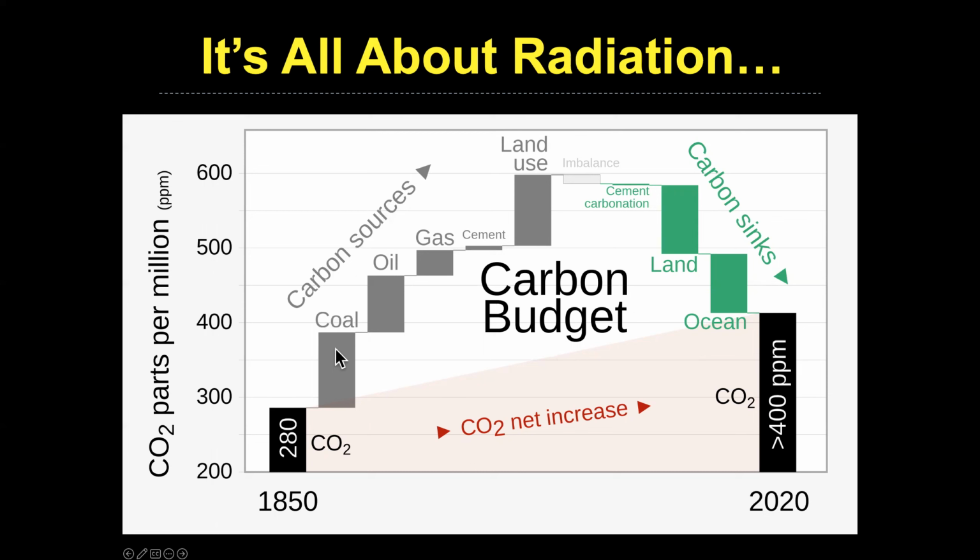The sources are coal, oil, gas, cement, land use. There are things that bring it down, and we talked about carbon sinks. So you take these positive values and you subtract this, and you get this. Make sense? These are the culprits of carbon addition to the atmosphere, and these are the ones that subtracted. And when you do the little math equation, you get this.